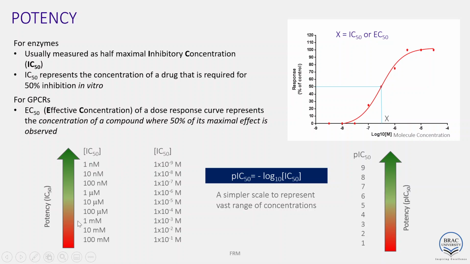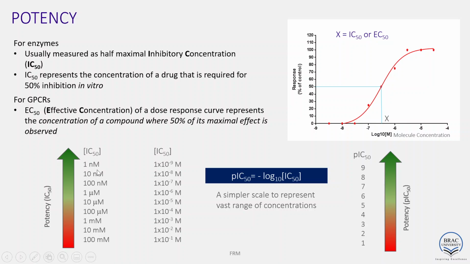We use a scale where a low IC50 value is safe, the green portion, but the higher the IC50 value, it is not safe. That means it requires a lot of concentration to reach its 100% activity, right? So the oral dose will be higher in the clinical phase, which is not desirable.